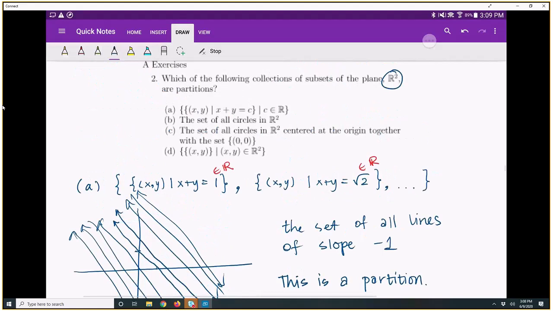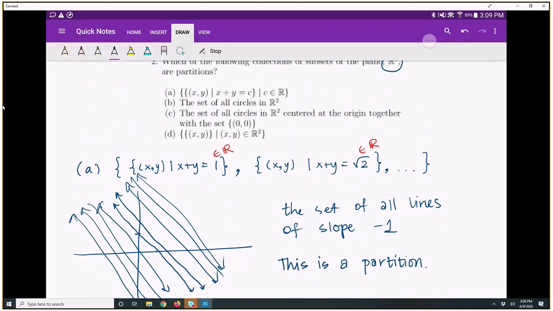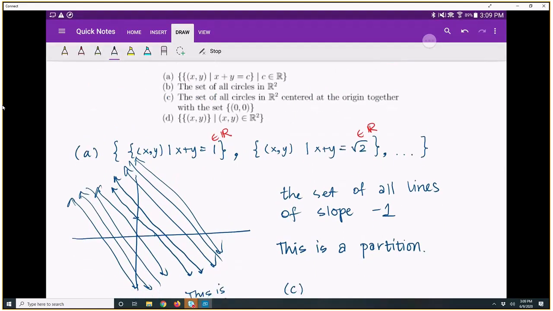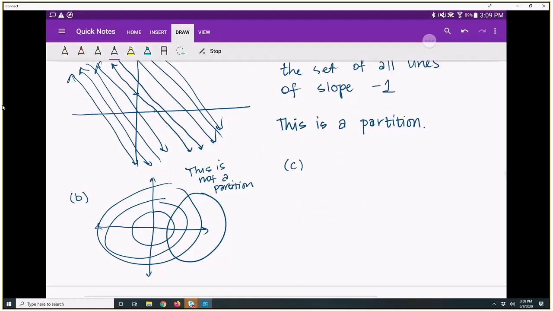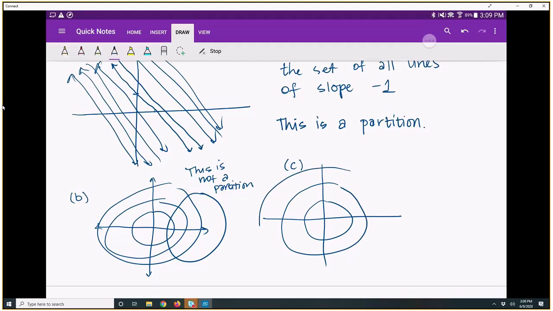Now let's think about the set described in part C, the set of all circles in R2 centered at the origin. So that seems like it's likely to be a partition because I could fill in all of these gaps with circles, so every point in the plane would lie on some circle.